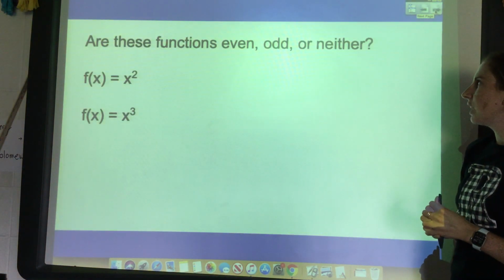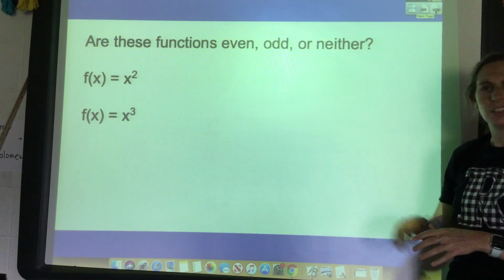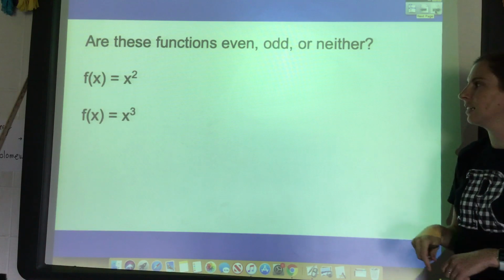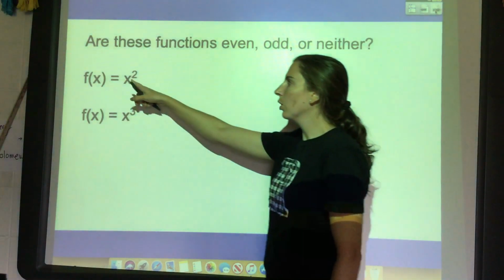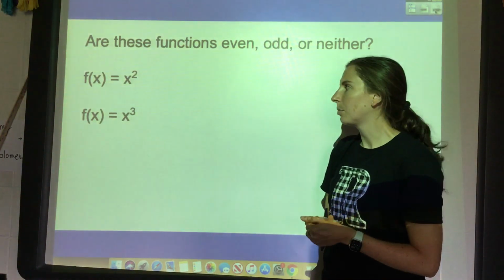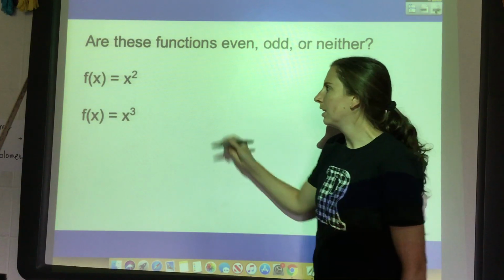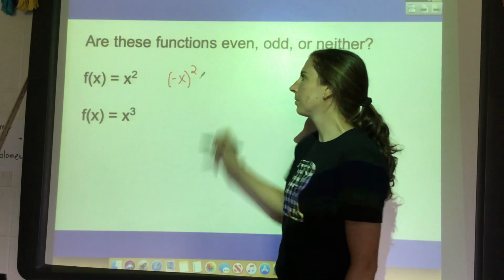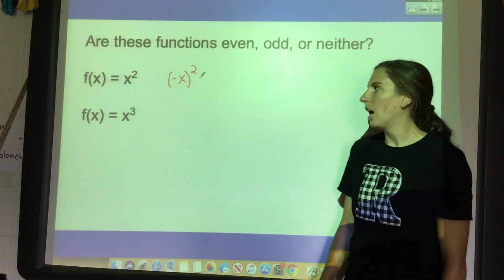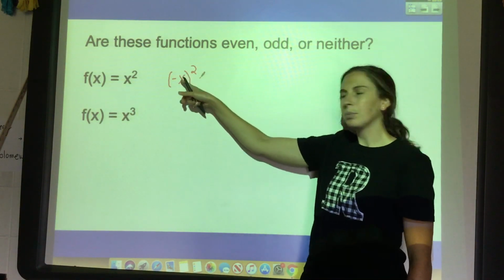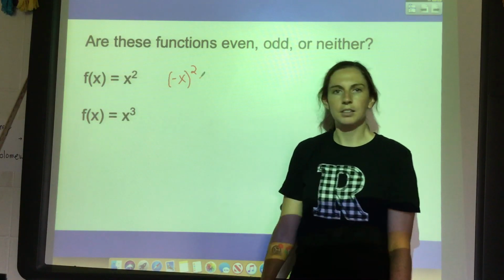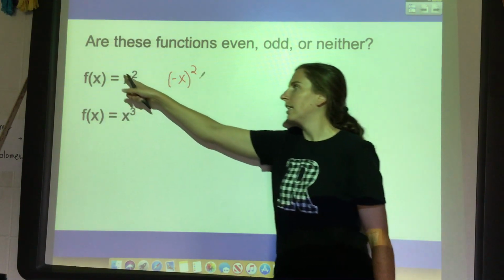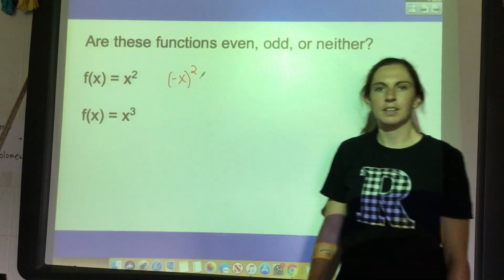Are these functions even, odd, or neither? Again, you could just graph them if you want to do that on your calculator, Desmos, or by hand. Or I could test algebraically by plugging in a negative x. So instead of x squared, what if I did negative x squared? If I simplify this and get back to just x squared, then it's even. If I simplify this and get negative x squared, then it's odd.